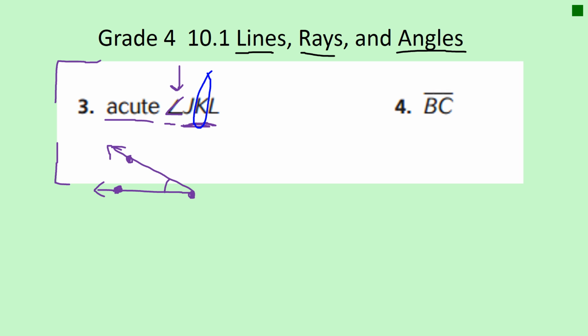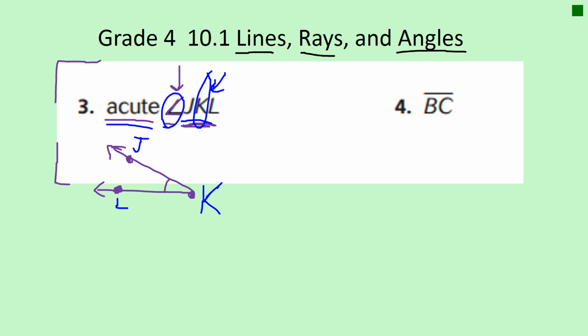The middle letter has always got to be the vertex of the angle. When you write the 3 points' names down, that always has to be in the middle. Okay, so we put K there, then we can put J there, we put L there. So we just drew acute angle JKL.